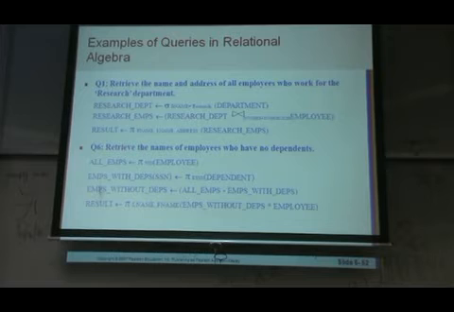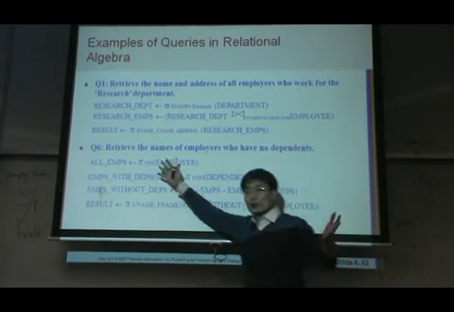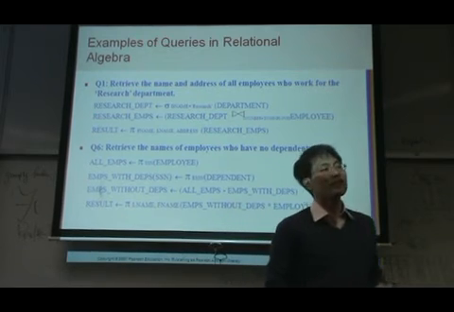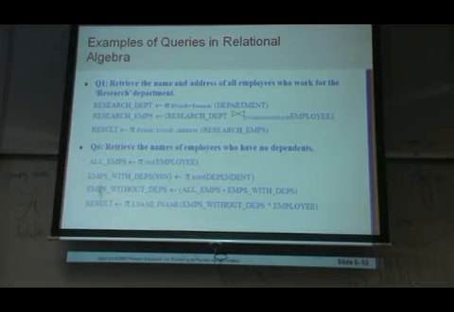I have a dependent. Am I belonging to that? No. He is employed, but he does not have any dependent. Then can it be? Yes. So that is the meaning of this query. Then, before you see the answer, think about how we can access such an employee who does not have a dependent.